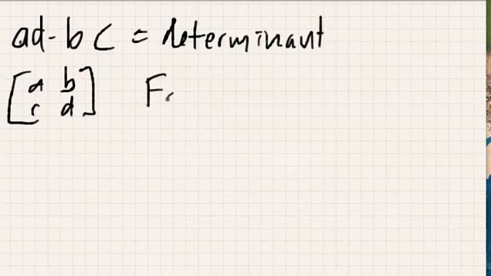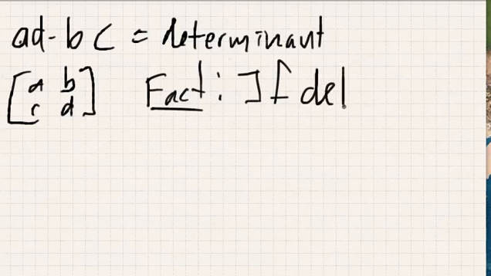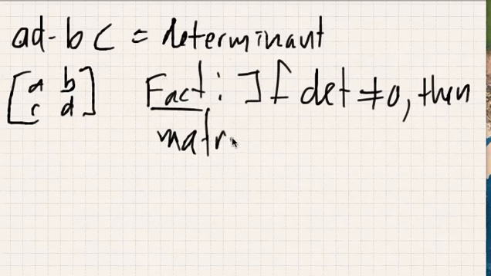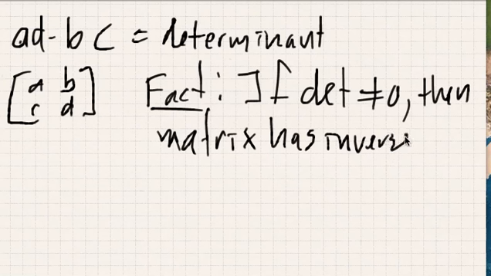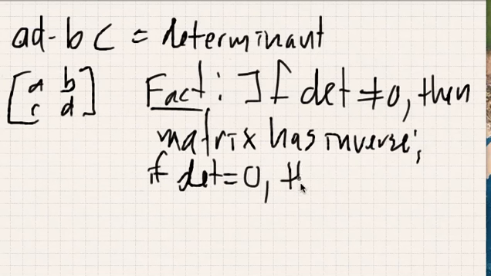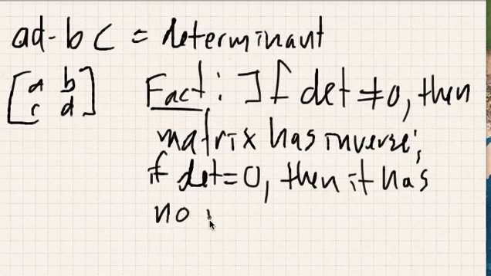And the basic fact is that if the determinant is non-zero, then the matrix has an inverse. Whereas if the determinant is equal to 0, then it has no inverse.